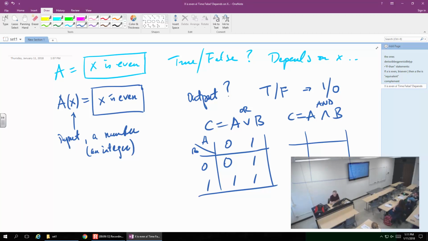Well, maybe not. But let's do the other one. A and B, when we go 0, 1, 0, 1, both of them false gives 0, and we have ones here. If one of them is false, then C is false too.